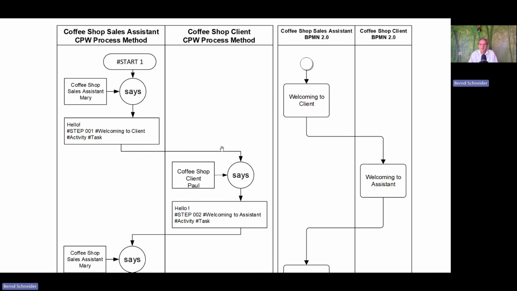Which means the process step from business process modeling notation 2.0 has been represented now in hashtag notation. Hashtag activity, hashtag task. But later I will tell more about it.